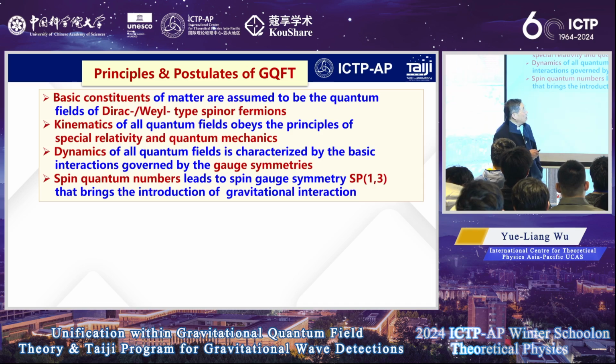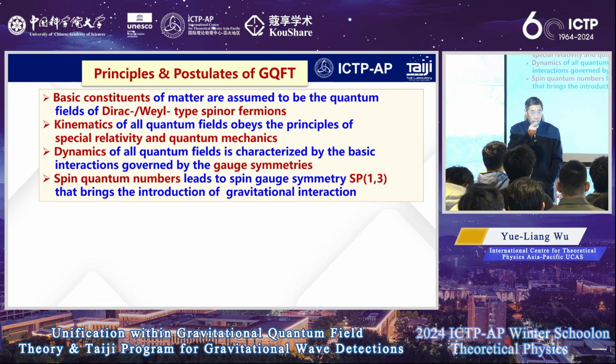In the weak interactions, all the fermions are Weyl fermions, distinguishing left-handed and right-handed. So when we consider both electromagnetic and weak interactions, all the fermions must be Weyl type fermions. And then we say the kinematics of all quantum fields should obey the principles of special relativity and quantum mechanics, and the dynamics of all quantum fields is characterized by the basic interactions governed by the gauge symmetry. So this is the basic assumption in quantum field theory.